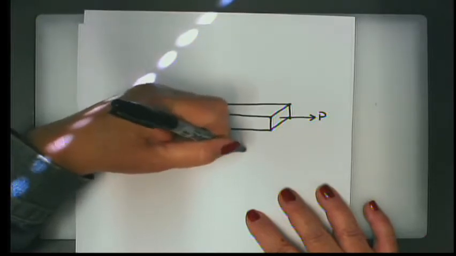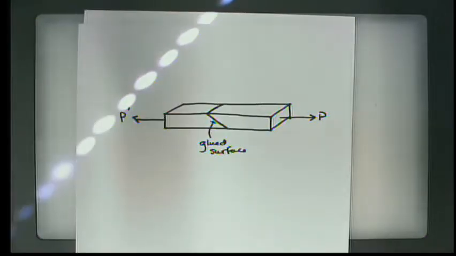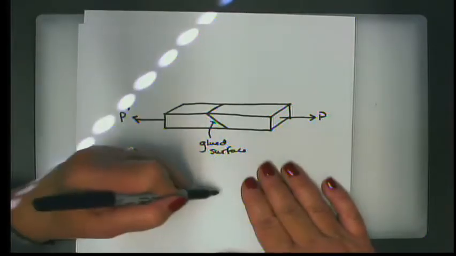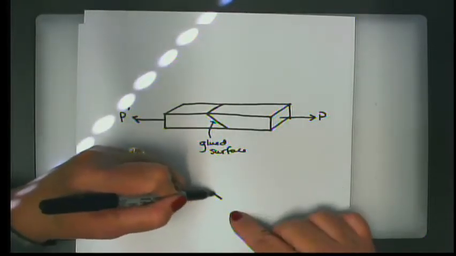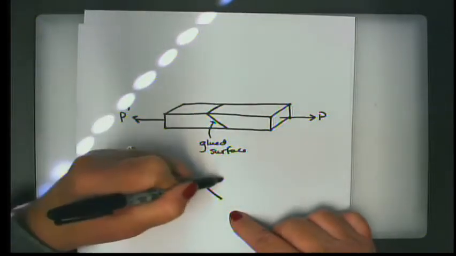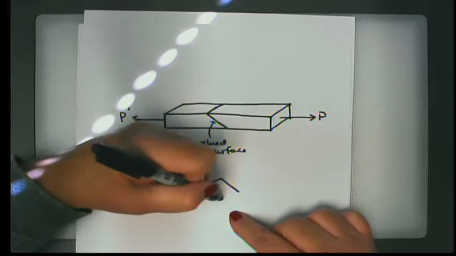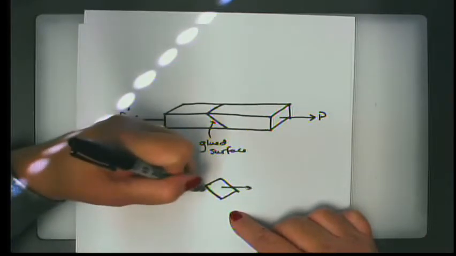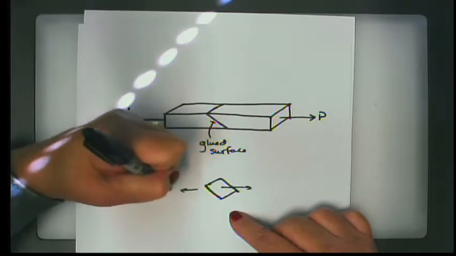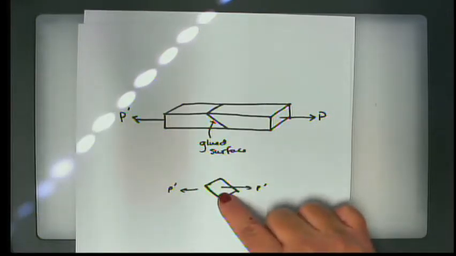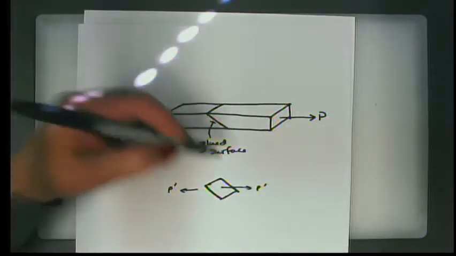Well, what would happen as we pulled on it is, I'm going to redraw this surface, that looks something like this. Because we have this force P and P prime acting on it, we can see that the force is not parallel nor perpendicular to this surface.